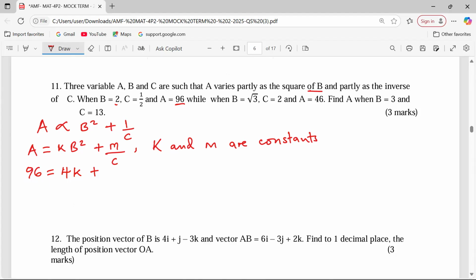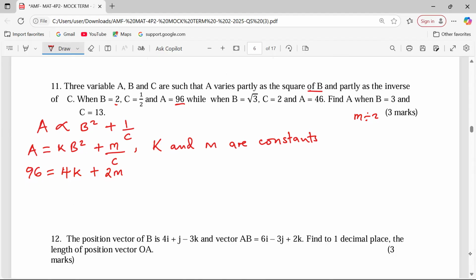So M divided by half. M over C, which is half, means 2M. Yeah, M divided by half. That is what it means.